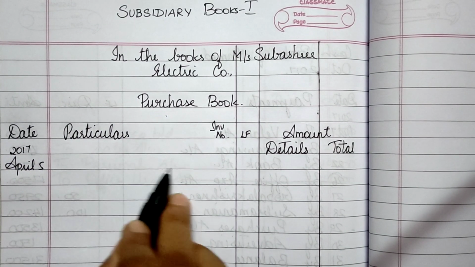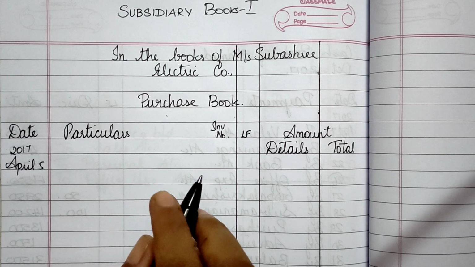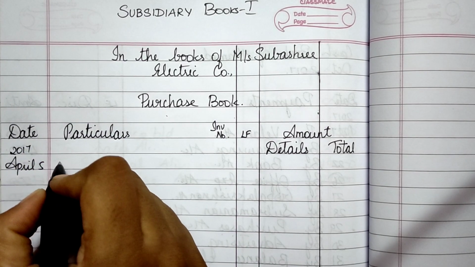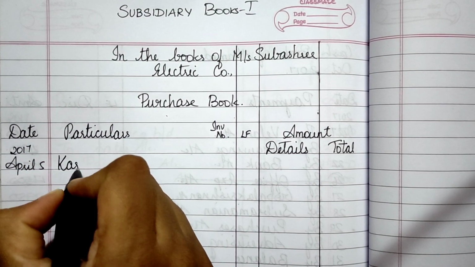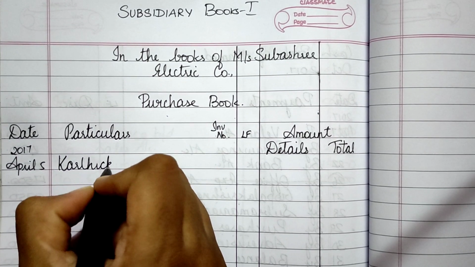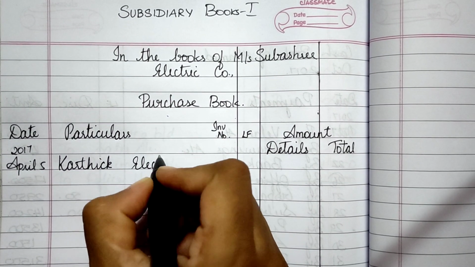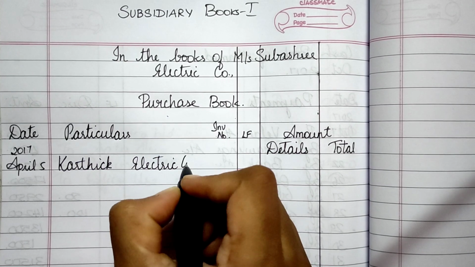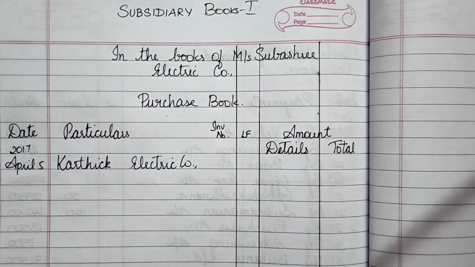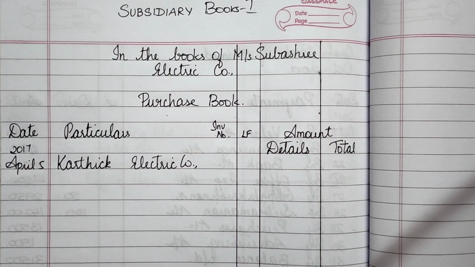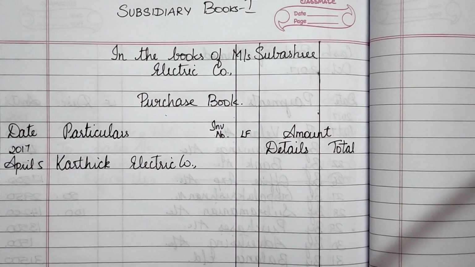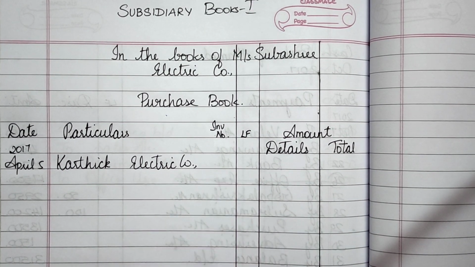Next, you write the name of the company along with the location if they have given. The name of the company is Karthik Electric Company. They have not given the location. If they have given it, it is mandatory that you write the location, that is Madurai, Coimbatore, whatever they give you. In this case they didn't give it, so we are not writing it.